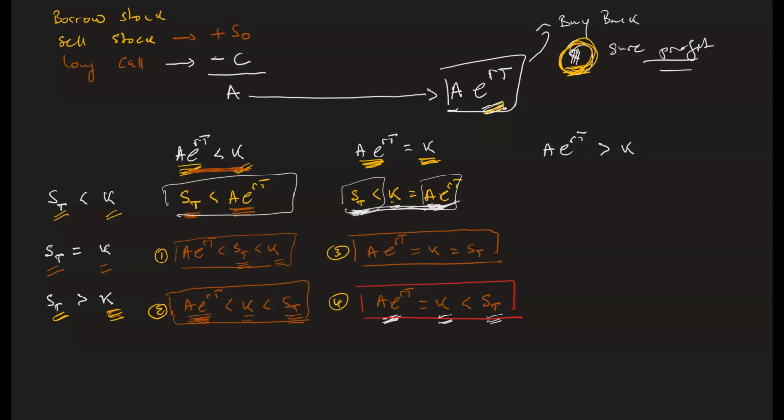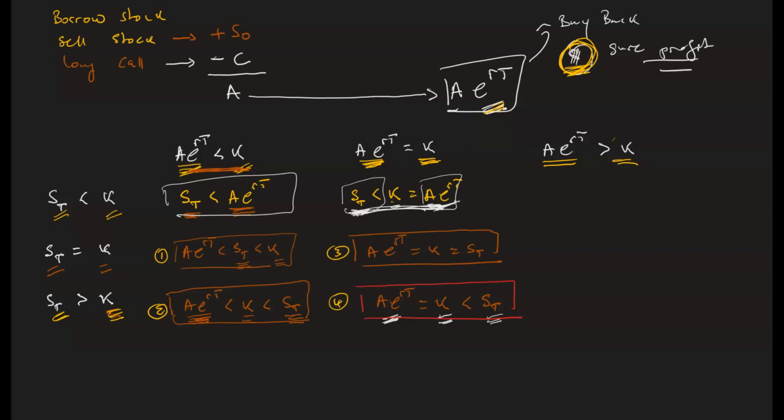Now, what if the future value of our investment is higher than the strike price? Well, if the future value of our investment is higher than the strike price, we have a scenario where we could use what we have, exercise the option, and once we exercise the option, we're still going to have something left, and so that would constitute an arbitrage opportunity. Now, how does that compare to a scenario where the strike price is also higher than the stock price? Well, it doesn't matter.